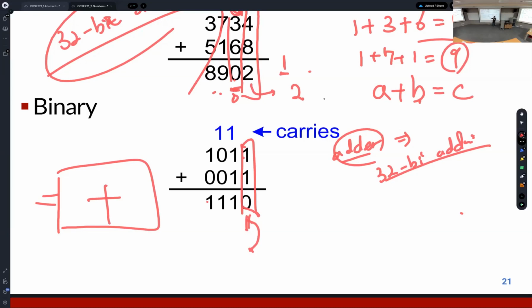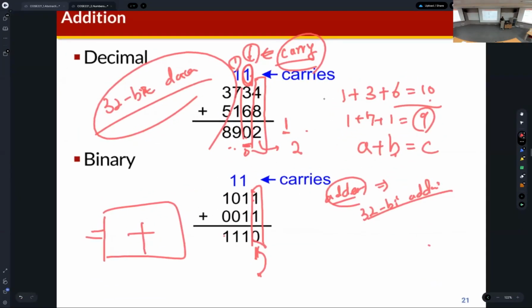It is because of carries. Before the carry is generated from the previous digit, this digit cannot be performed.